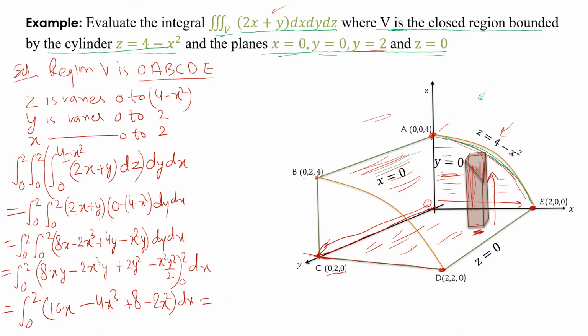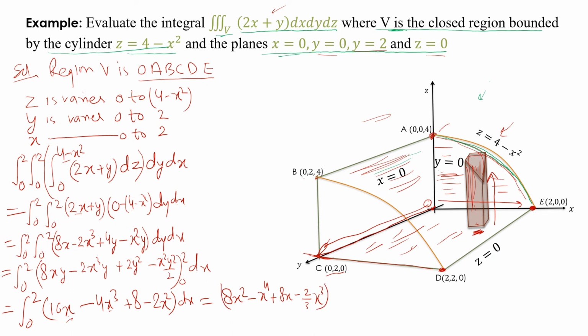We get 8x square, that is 16x becomes 8x square, minus 4x to the power 4 by 4, so the 4 is cancelled and we write minus x power 4, similarly plus 8x and minus 2 by 3 x cube.